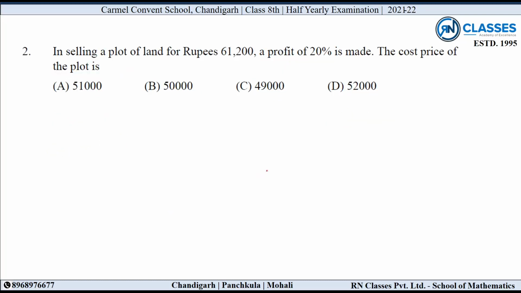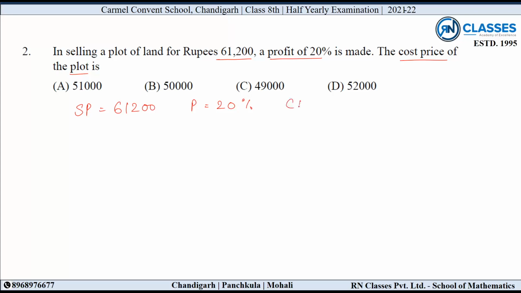It will not take you more than a minute to solve this question. Just check it and move on to the next one. Question number 2. In selling a plot of land for rupees 61,200, you made a profit of 20%. Find the cost price of the plot. Okay, the selling price is given by 61,200 rupees. Profit is given by 20%.